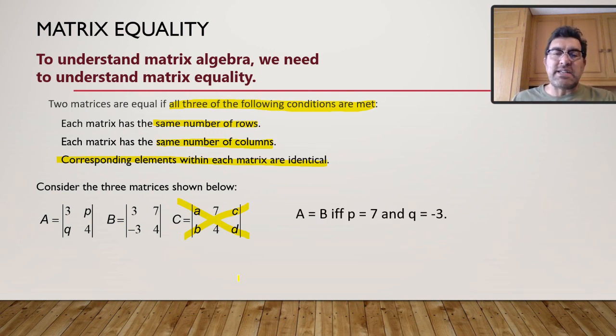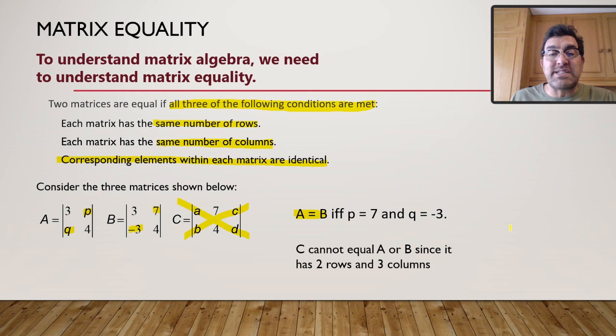If I now say A is equal to B, very important, that's how we write it, it will only be equal if the entries match. There's a P here, and that P has to be 7. This Q, which is the variable in matrix A, has to be -3 for those two to be equal to one another. And as we said, C cannot equal A or B since it has 2 rows and 3 columns.